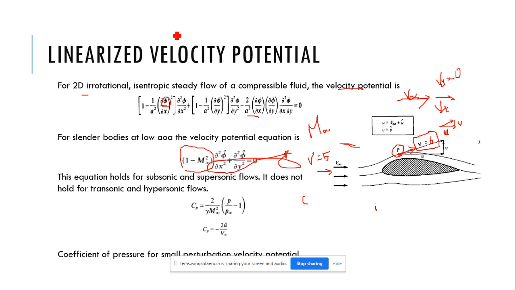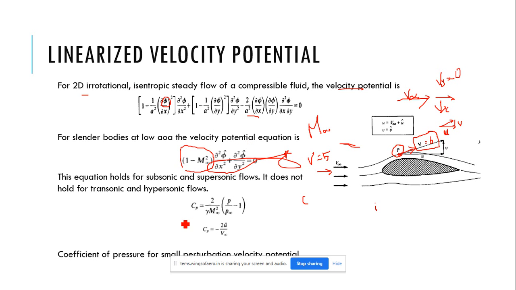Here, the linearized velocity potential equation, or the small perturbation potential, is used for thin bodies at a small angle of attack, and both subsonic and supersonic Mach numbers are used. It is valid for subsonic and supersonic flows.